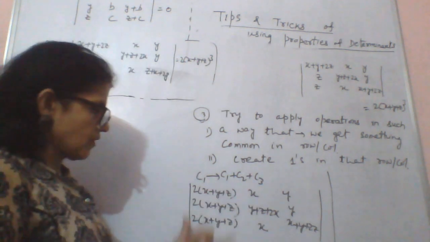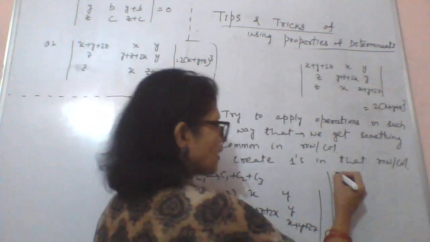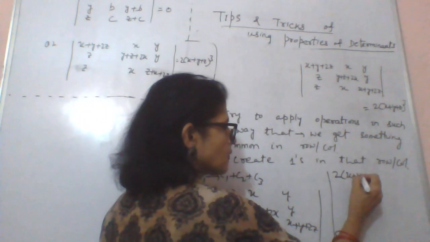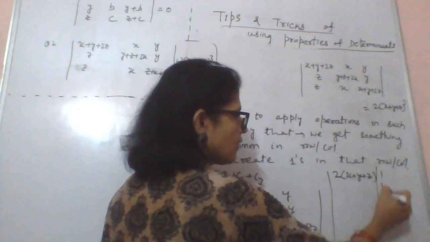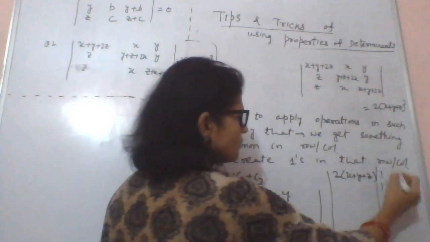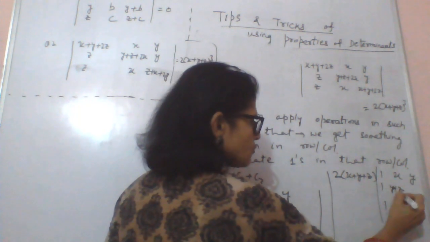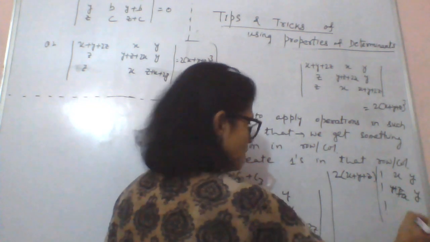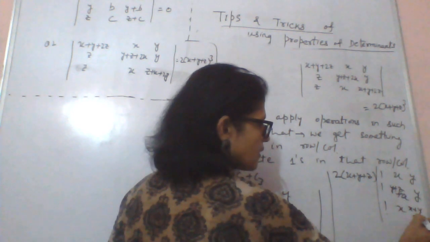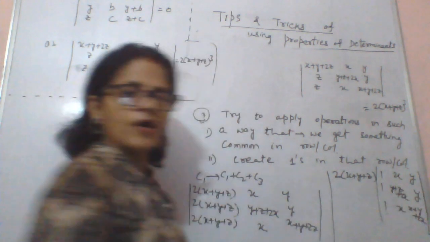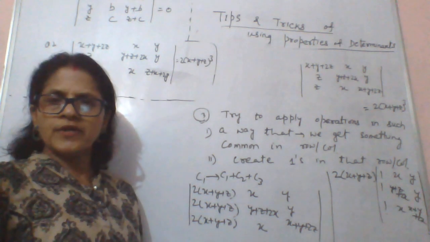Since we have twice of x plus y plus z common in the first column, we can take twice of x plus y plus z common from here, and 1, 1, 1, then here it is x, y, y plus z plus 2x, y, x, then x plus y plus 2z. Okay, so after creating 1, 1, 1, it is easier for us to get zeros.